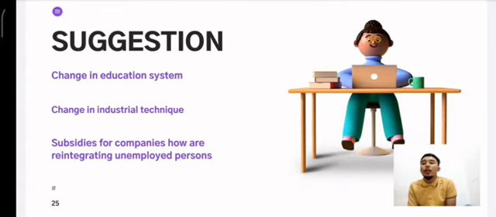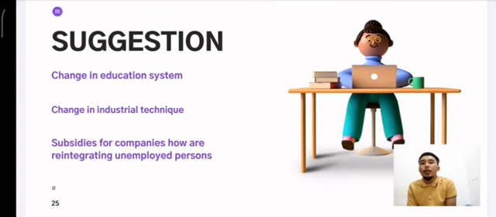Third, subsidy for companies in reintegrating unemployed persons. Many companies refrain from employing an unemployed person, especially if the person suffers from long-term unemployment.